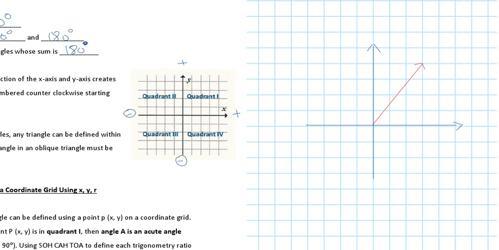I shouldn't put an arrow on this. Now, to measure my angle, the angle that I'm looking at, it's measured from the positive x-axis to what we call the terminal arm. Okay? So my angle is from here to here. Angle is always measured from the positive x-axis to the terminal line.